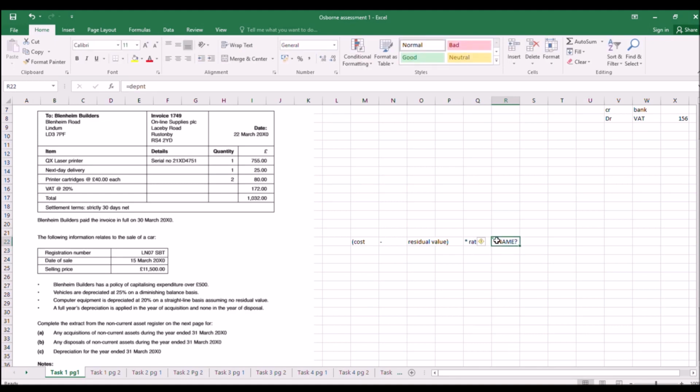Okay, let's go equals, and then equals, and then depreciation. So that's the calculation for straight line. So we've got no residual value.